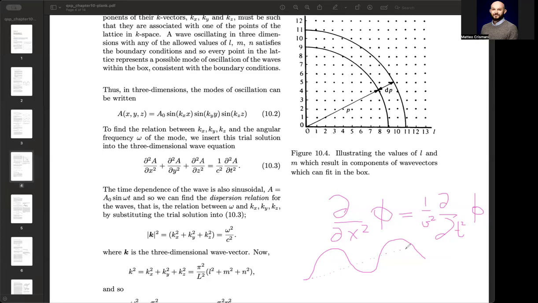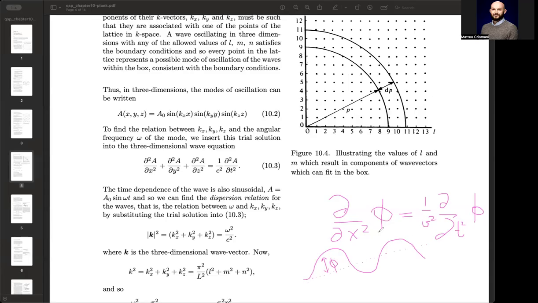So this is like the zero motion away from this. And let's say that this here, that's the amplitude of the wave. Let's call that phi. There we go.